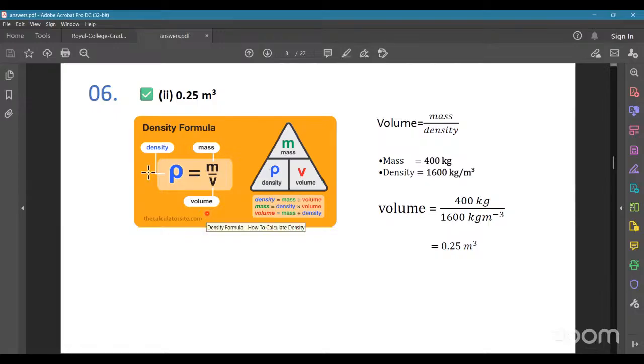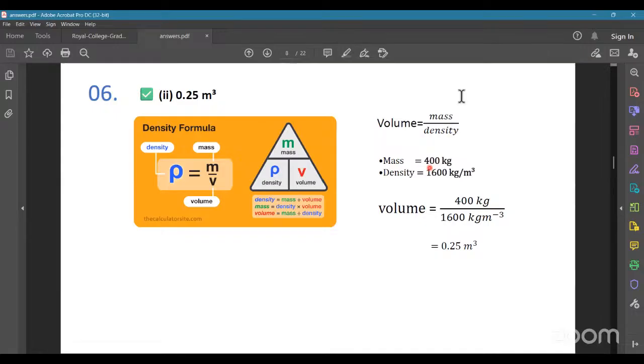They have given the density and also the mass. So mass is 400 kilogram and density is 1600 kilograms per cubic meter. So they are asking the volume, right? So we have to substitute it. So since density equals mass divided by volume, we can say volume equals mass divided by density, right?